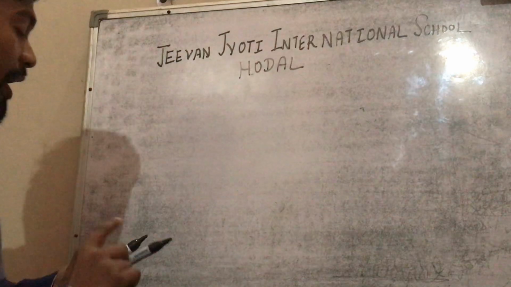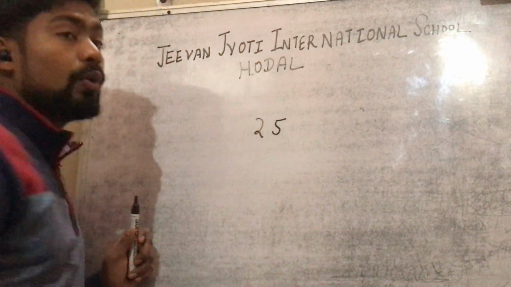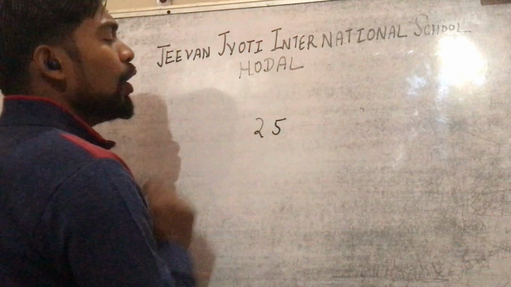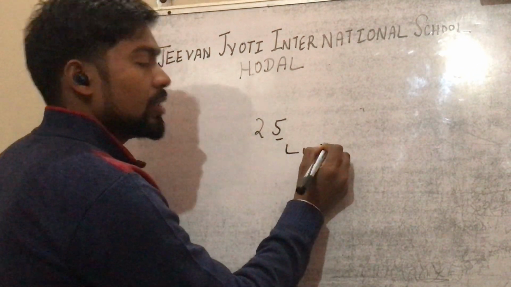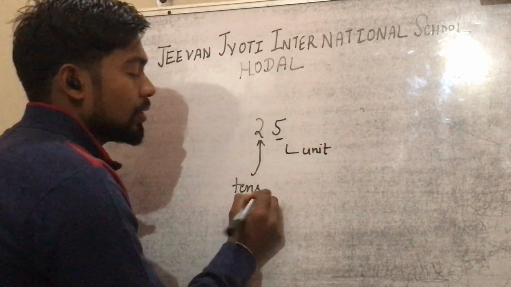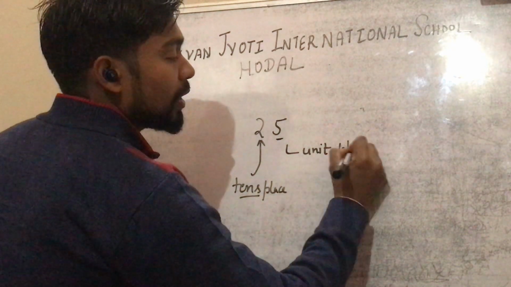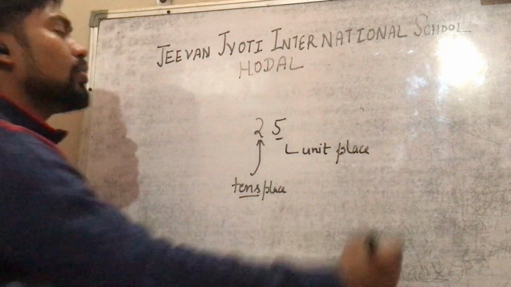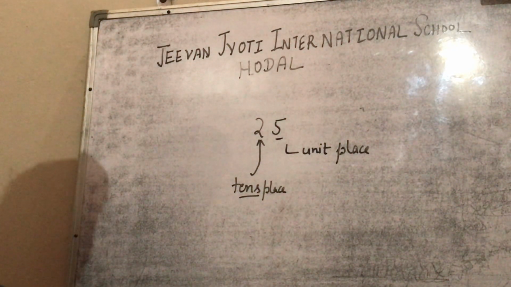Okay, like we have a number here, 25. Now you all know that 5 is the unit place number, and 2 is the tens place number. So what is the meaning of unit place and tens place number?